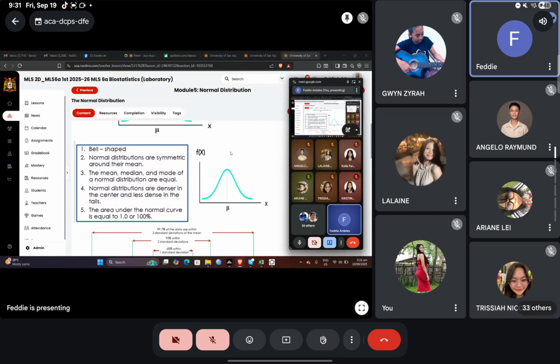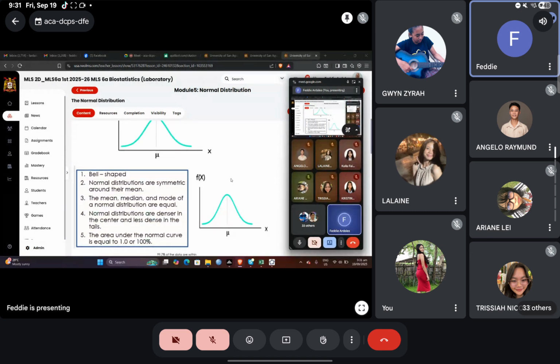That's why it's denser at the center and less dense in the tails. Few data fall on the tails. The total area of the normal curve is equal to 1 or 100%. Take note of these properties. Let's go back to this one.